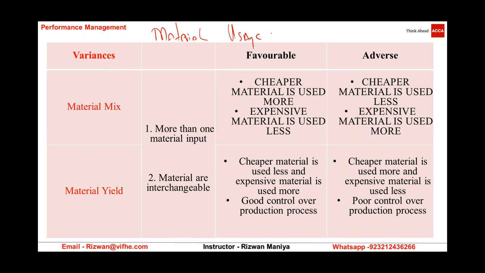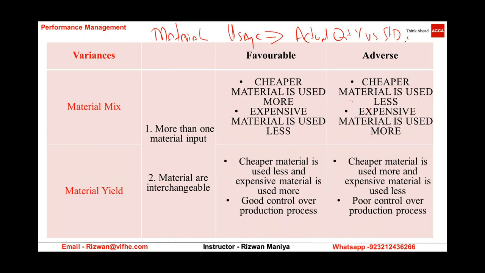management accounting exam. And usage variance basically deals with the material quantity. That is, it compares the actual quantity that the company has used with the standard input quantity.